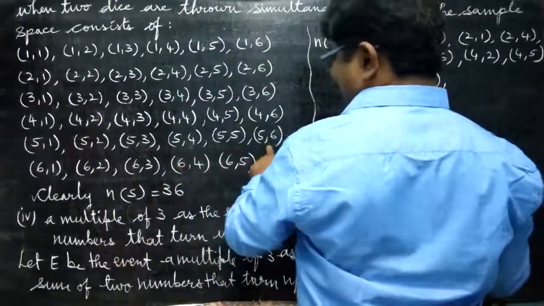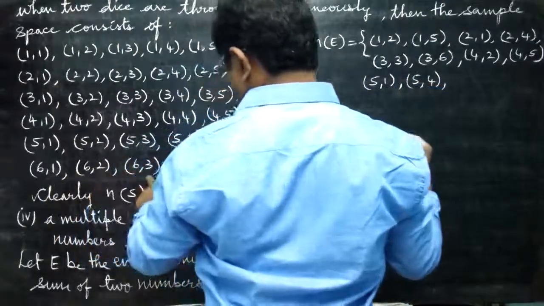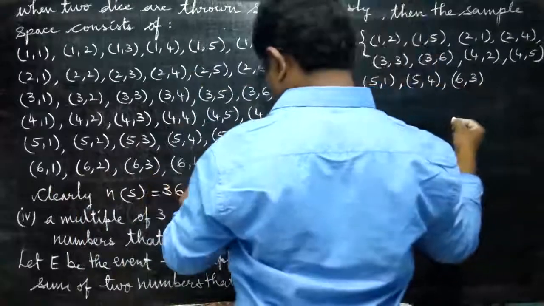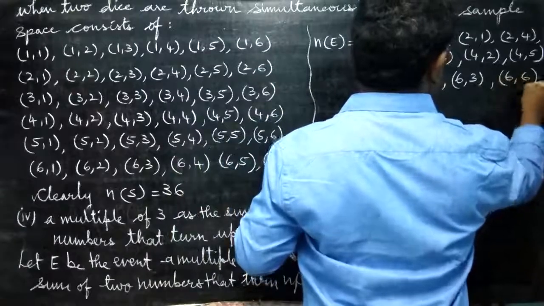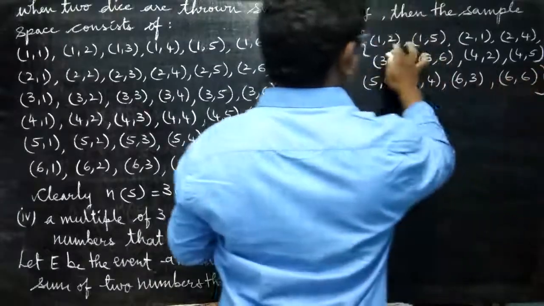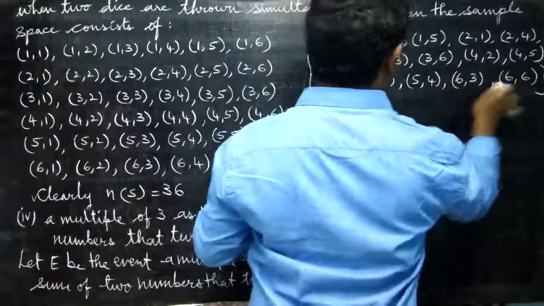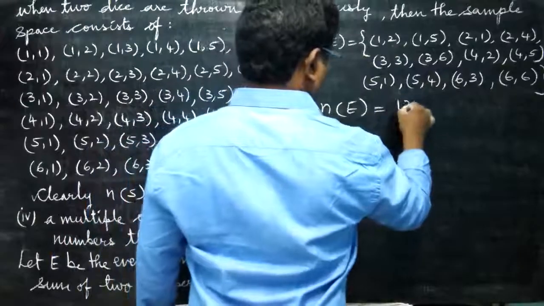Here 10, 11. Here 7. Here 8, 9. 6 comma 3. 10, 11, here 12. 6 comma 6. How many did we get? Count. 1, 2, 3, 4, 5, 6, 7, 8, 9, 10, 11, 12 we got. So n of E is equal to 12.